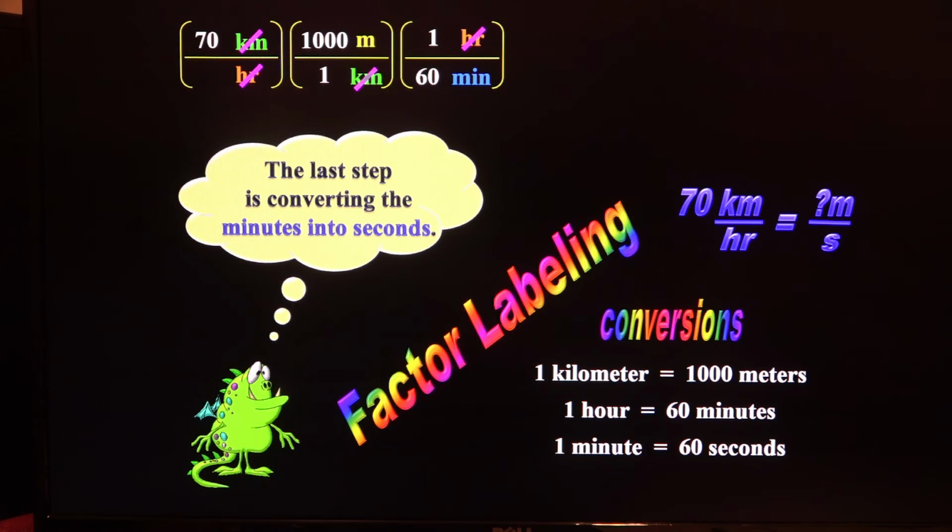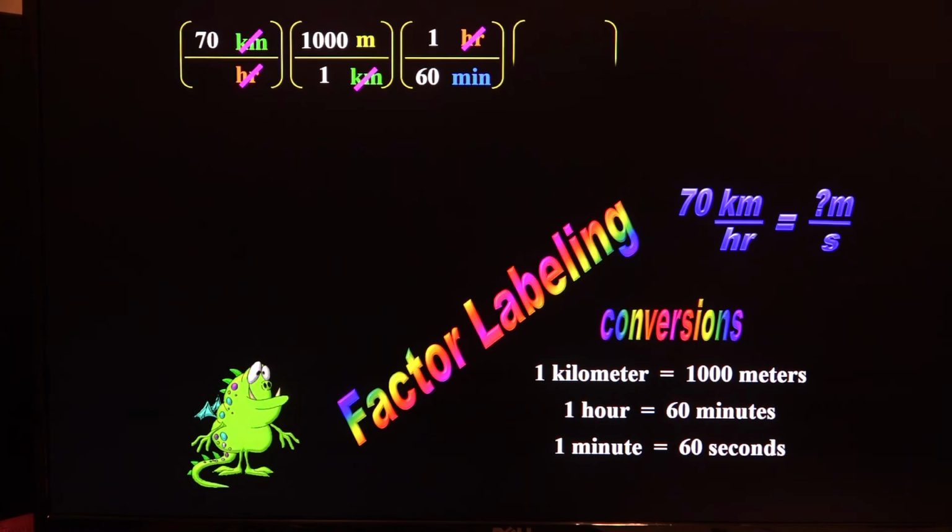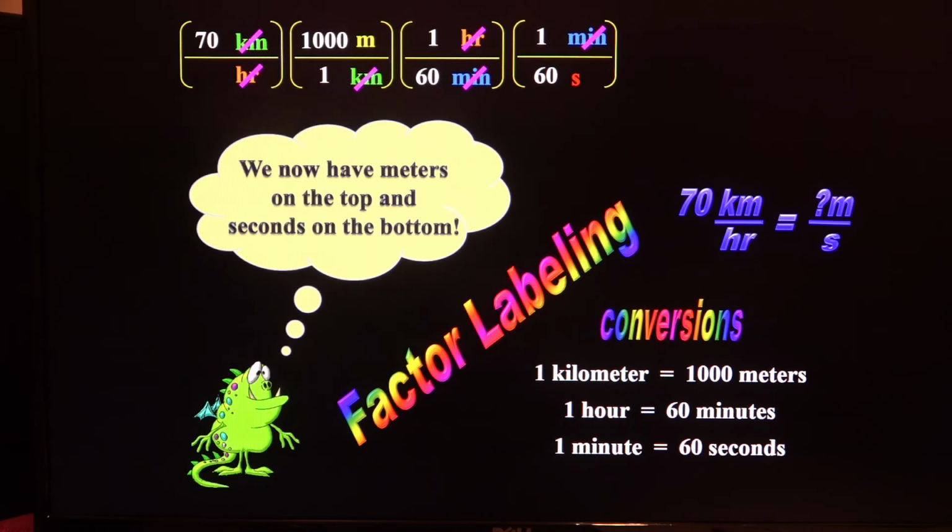The last step is converting the minutes into seconds. By now you should have the hang of it, so just watch. We now have meters on the top and seconds on the bottom.